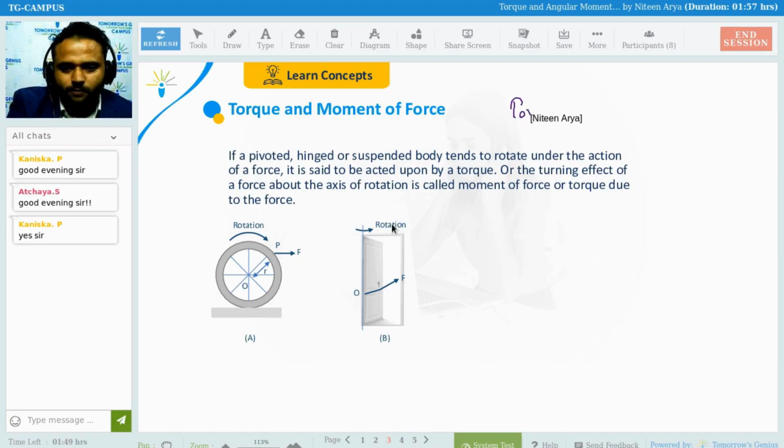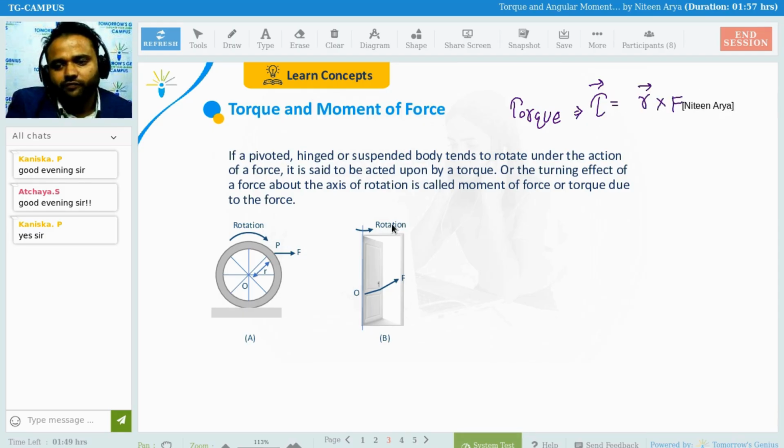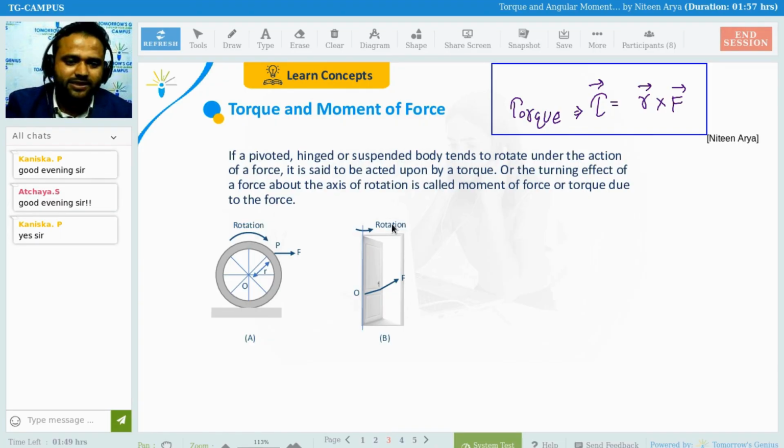Moment of force, or torque, T-O-R-Q-U-E, is defined as the cross product R cross F, where R is the perpendicular distance from the fixed axis. As you can see, the fixed axis here is this particular axis, and this one is my R, the perpendicular distance.